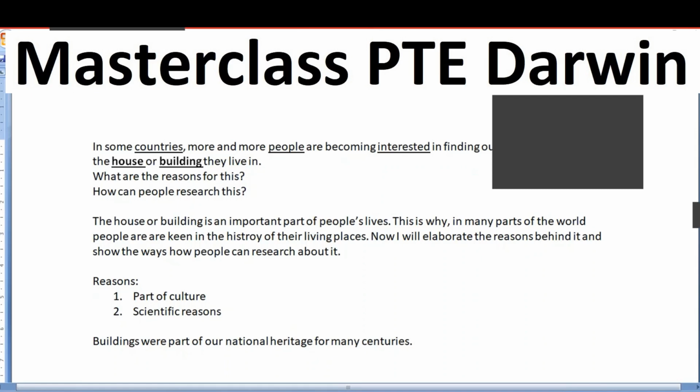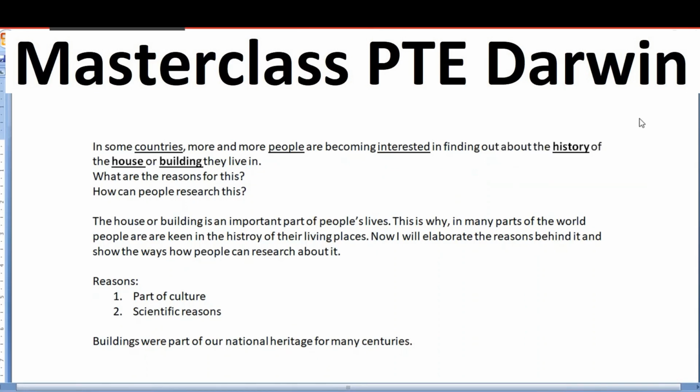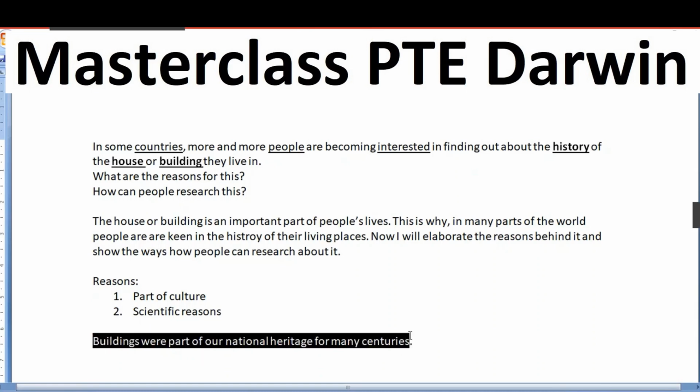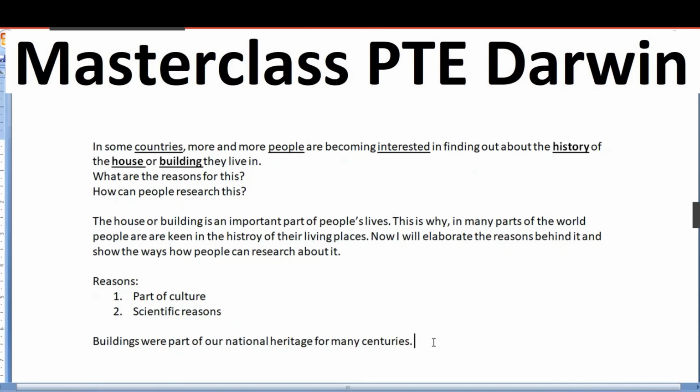It depends on how complex you're going to write the sentence. In most cases, what we need is to create a variety of sentence structure: simple sentence, compound sentence, complex sentence, compound-complex sentence. You see, this is a very big sentence, but it's a simple sentence. It's not a complex sentence.